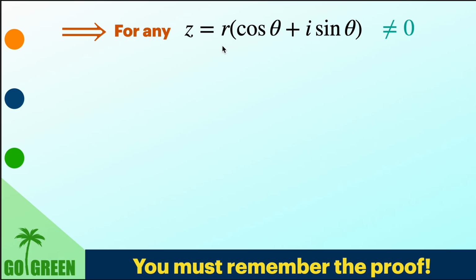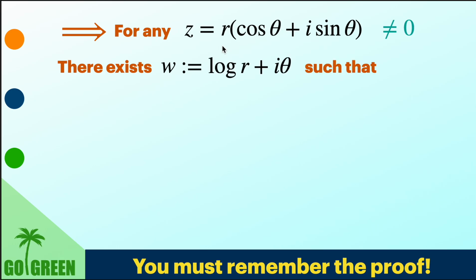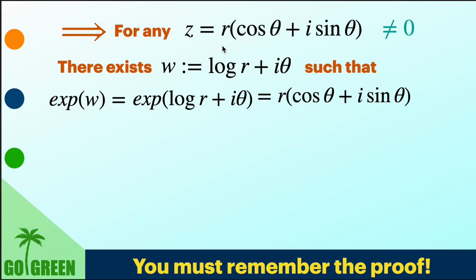For this there exists another complex number w, and we know the expression also, which complex number it is, that is just log r plus i theta, such that exponential of w will give you exponential of log r plus i theta, and that is nothing but r cos theta plus i sin theta. From the previous page calculation we know.